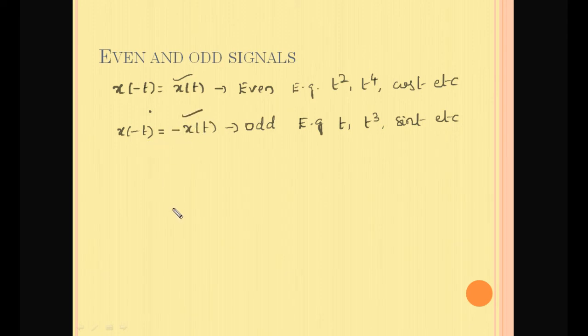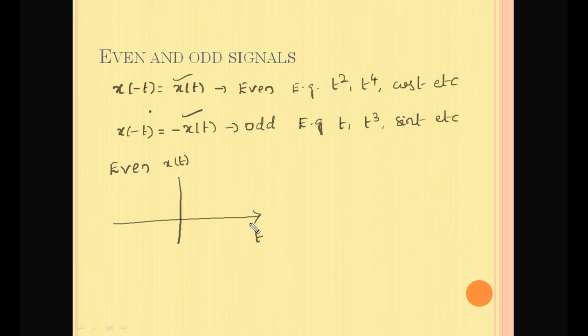Now, let us look into the graphical representation of even and odd signals. As mentioned, we will represent both continuous and discrete time signals here. For a continuous time signal, on the x-axis it is t and on the y-axis it is x of t.